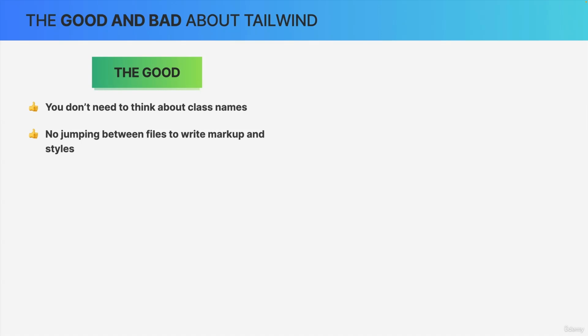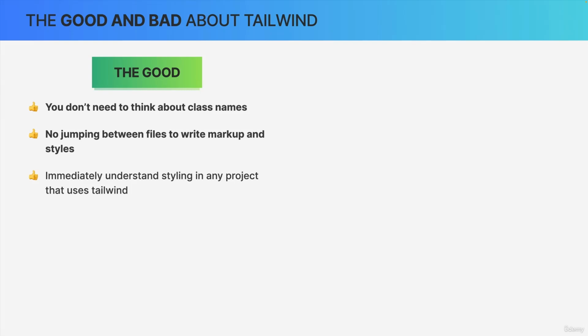You do it all at the same time and all in one place, which is incredibly convenient once you get used to this workflow. And a great side effect of this is that you will immediately understand the styling in any project that uses Tailwind, which will not only make it easy to collaborate with other people, but also to come back to your own projects after many months or even years.